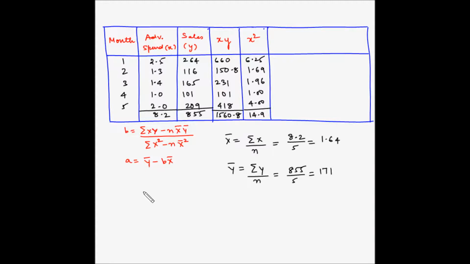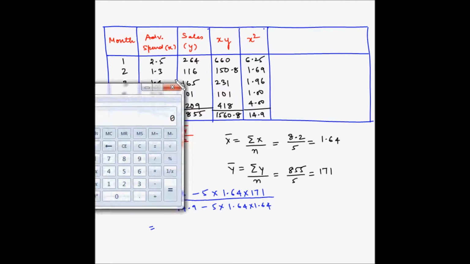So let us now plug in the values in the formula for b. b is equal to sigma xy, which is 1560.8, minus n, which is 5, multiplied by x bar, 1.64, multiplied by y bar, which is 171, divided by sigma x square, which is 14.9, minus n, which is 5, multiplied by x bar square, which is 1.64 multiplied by 1.64.